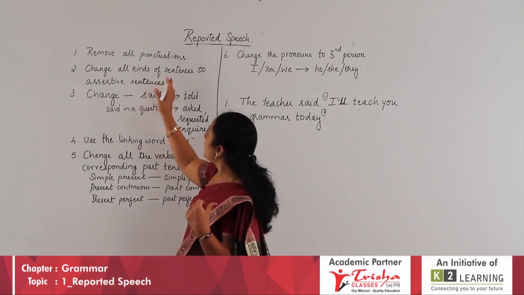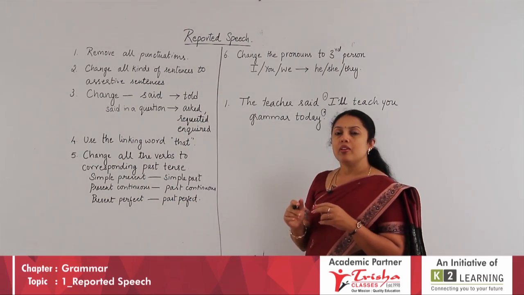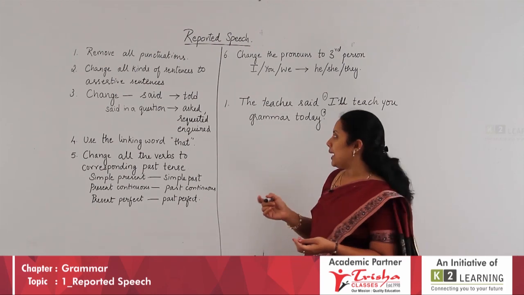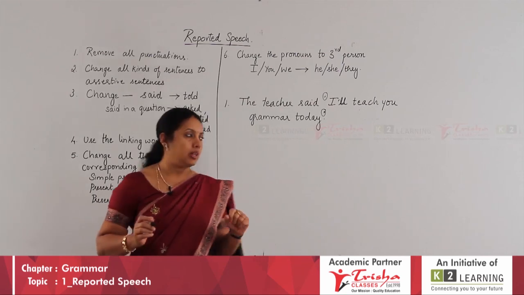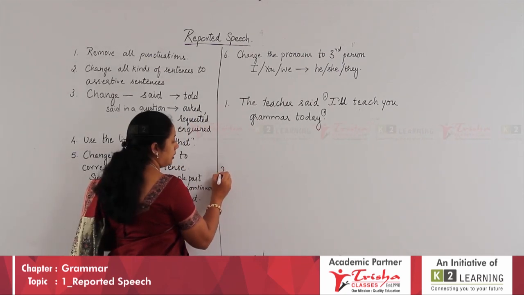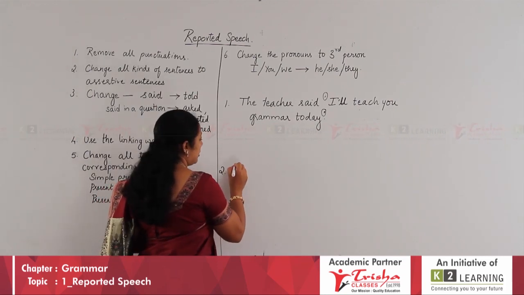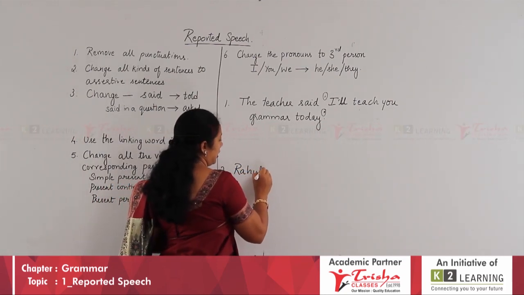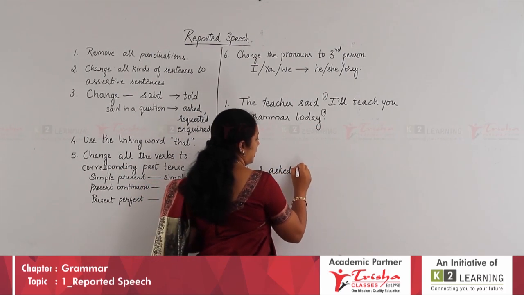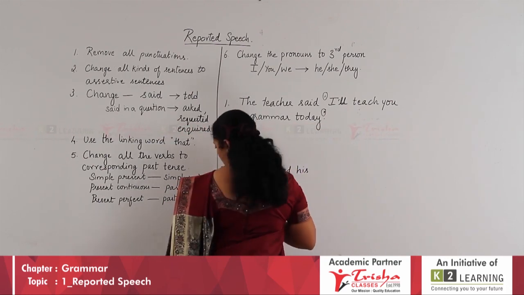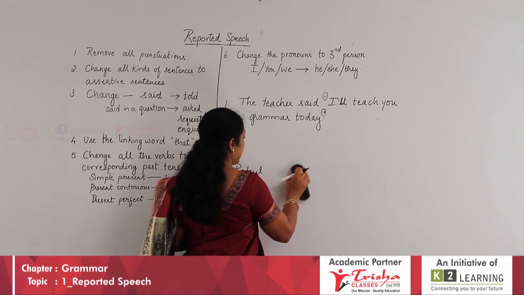Next, change all kinds of sentences into an assertive sentence. That means if I ask you a question, then the question has to be put in the form of a sentence only. Let me write another example here, and then I'll discuss both examples.